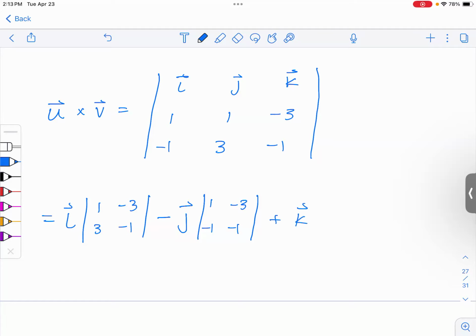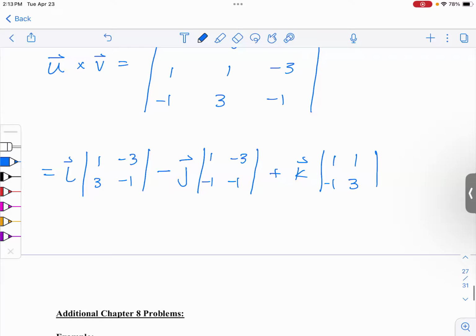Plus K. And then Jada, what determinant for K? 1, -1, 3. Okay, yeah. And then calculate those away. And again, they're just mini determinants. 1 times -1 minus 3 times -3.